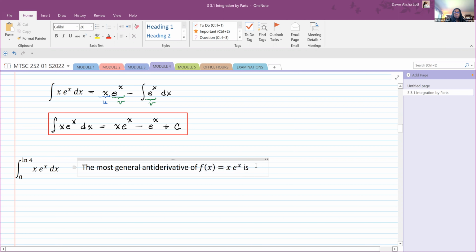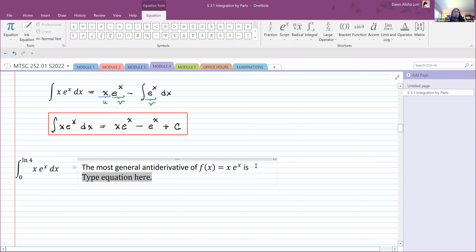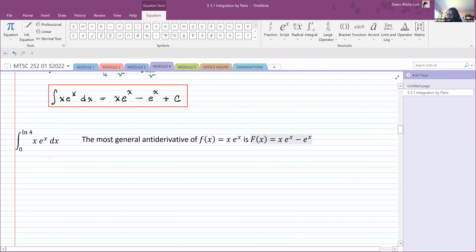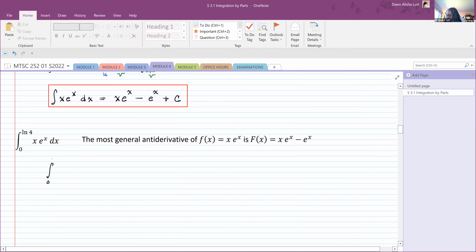So its most general antiderivative, big F of x, is x e to the x minus e to the x. Okay. So we're just going to use the fundamental theorem of calculus. So we get the integral from 0 to log 4 of x e to the x dx.